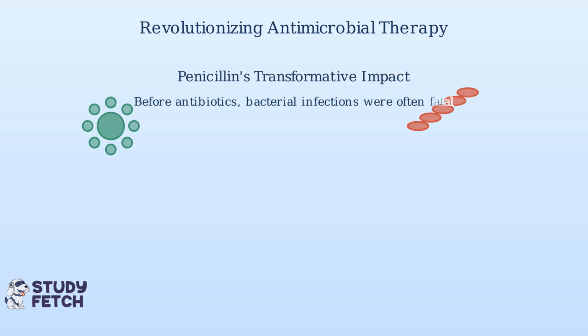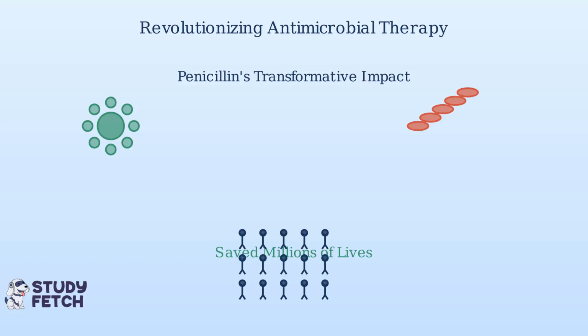Penicillin revolutionized antimicrobial therapy, transforming the treatment of bacterial infections that were previously deadly and often fatal. Before antibiotics, even minor infections could lead to death. Penicillin saved millions of lives worldwide and changed the course of modern medicine.